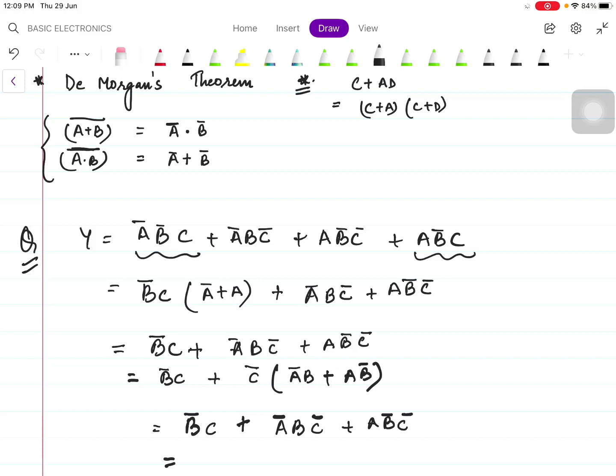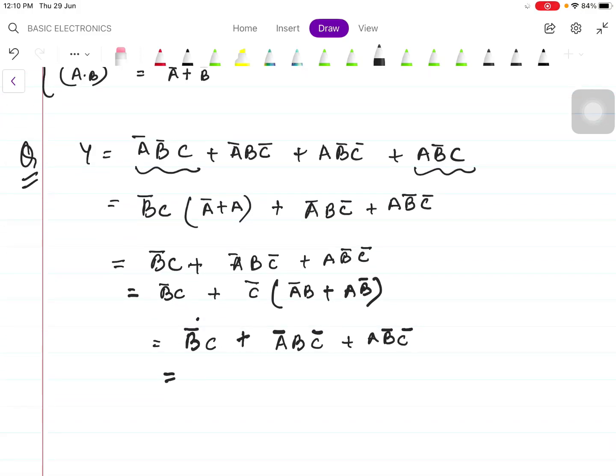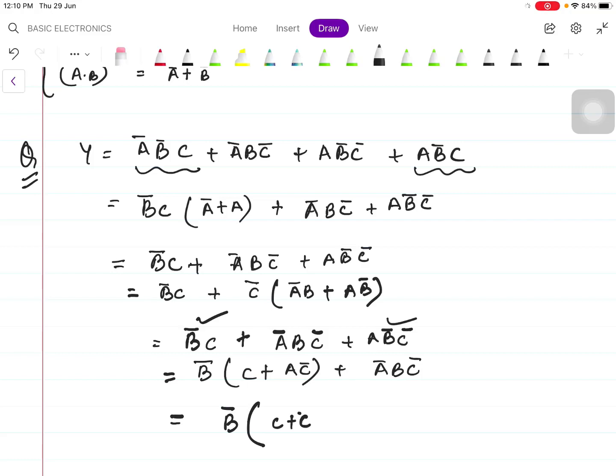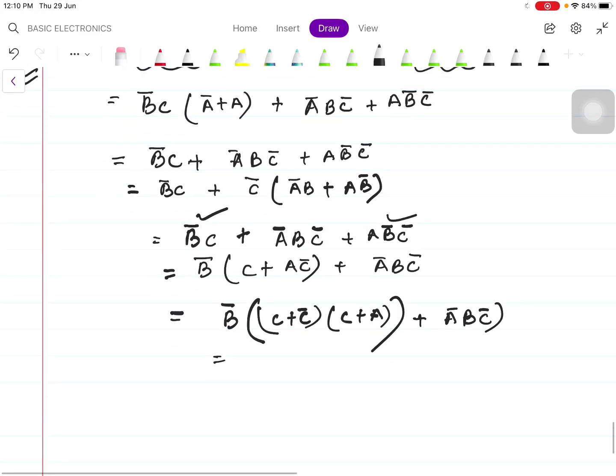So I am taking b bar common from here and here: b bar (c plus a c bar) plus a bar b c bar. Now I am applying the fourth law, which will minimize the expression to some extent: c plus a c bar becomes c plus a. Now b bar c plus a bar b c bar.